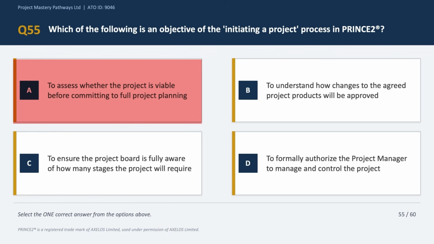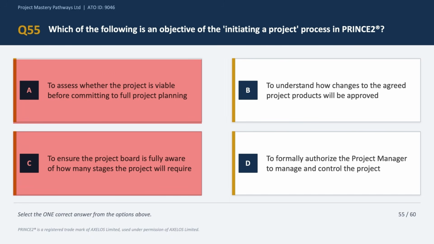While this is covered during the initiation, it is not specifically one of the defined objectives of the initiating a project process as within the manual, okay? And as I have mentioned before, whatever has been mentioned in the manual is very, very sacrosanct within PRINCE2 and you have to abide by it whilst answering the questions. So option C is not quite right.